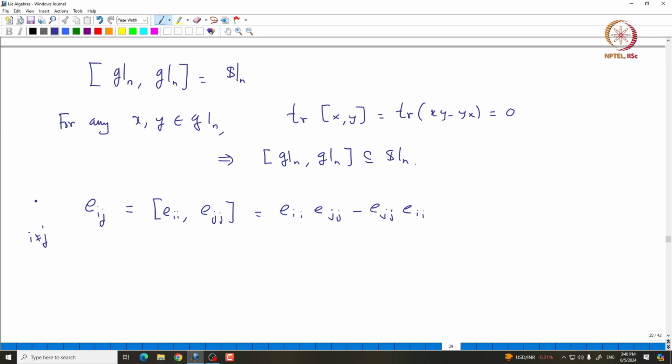So, what is the claim? The claim is SLN is contained in the derived algebra. So, now you take this basis element Eij, then you can easily see that this is exactly the bracket of Eii comma Ejj.